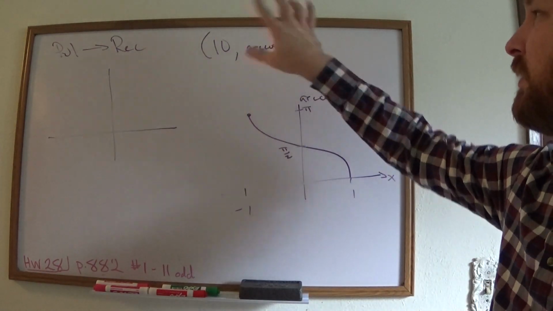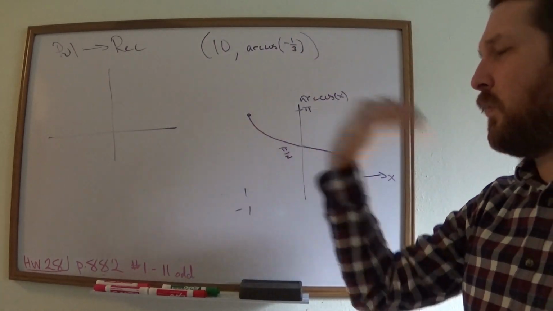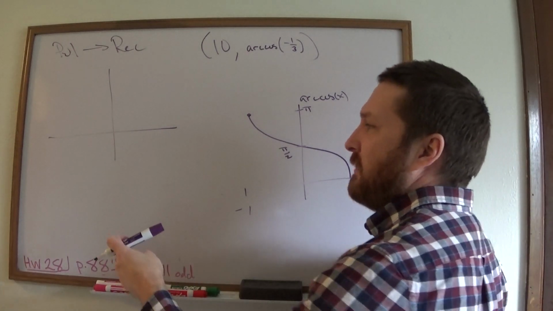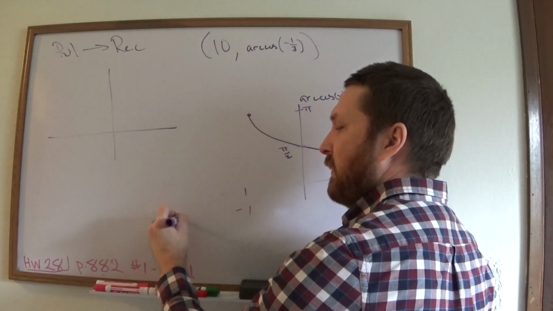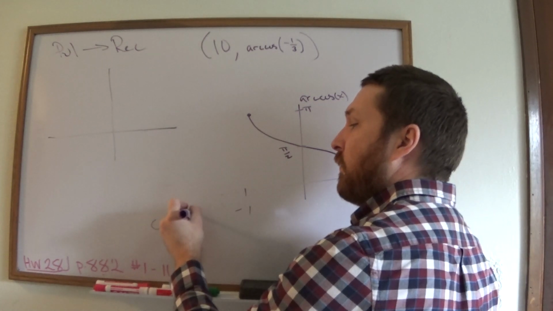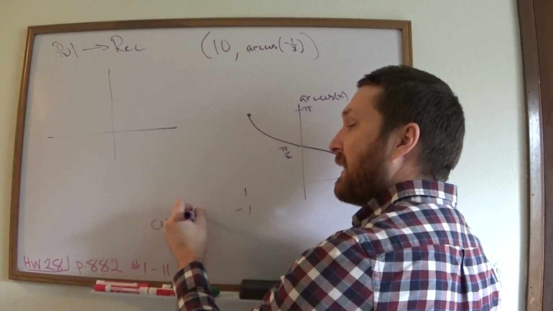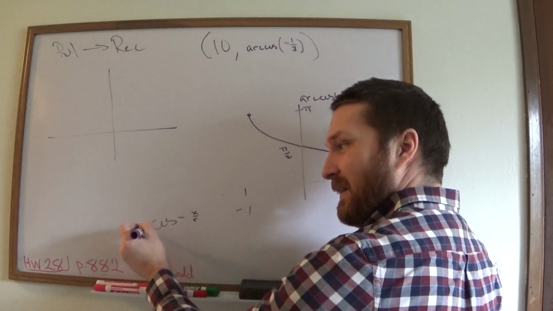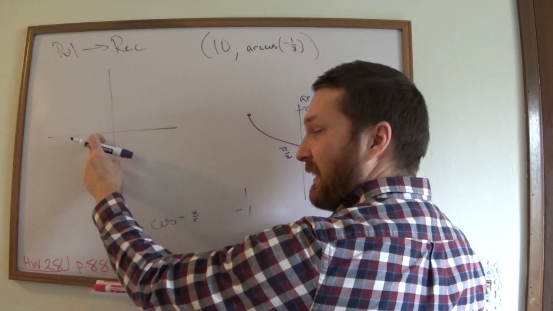But one thing we could do is say, well, wait a second. This is the arc cosine. Cosine is what over what? Adjacent over hypotenuse. Or you could say that cosine, we know, is the x value over the radius. That's how we're going to think about this.